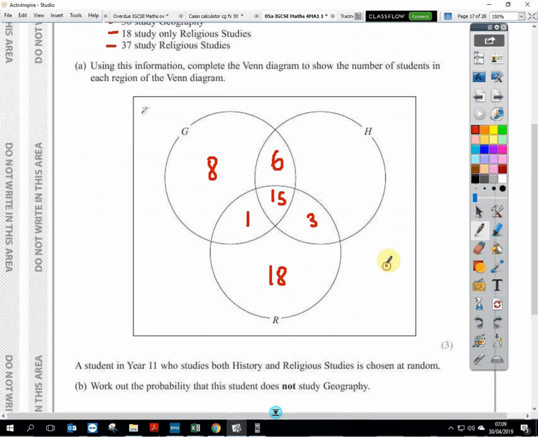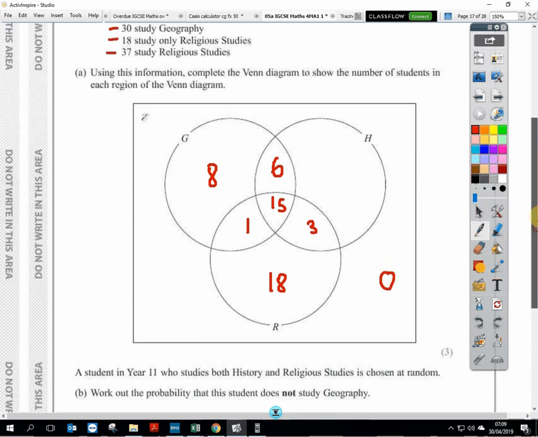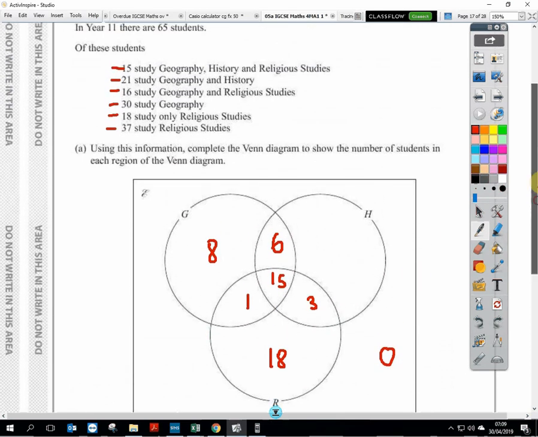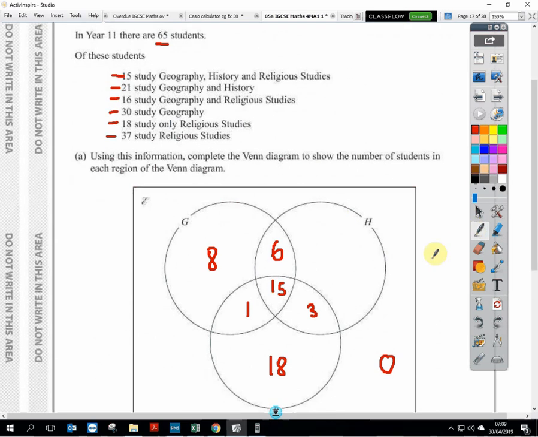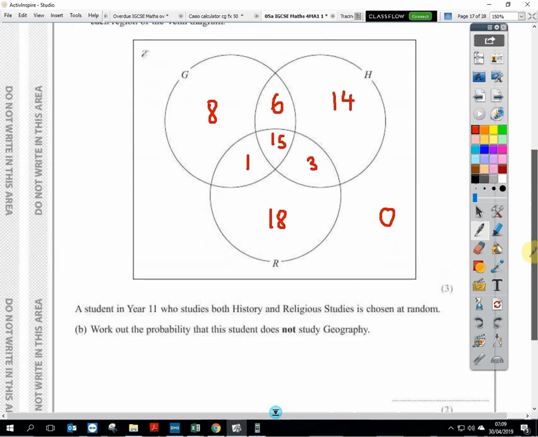That means there are 0 students outside of the circles, and if you add all of the numbers up inside the circles and then subtract it from 65, because there's supposed to be 65 altogether, you'll see that there's 14 remaining, so they must go in this section over here.